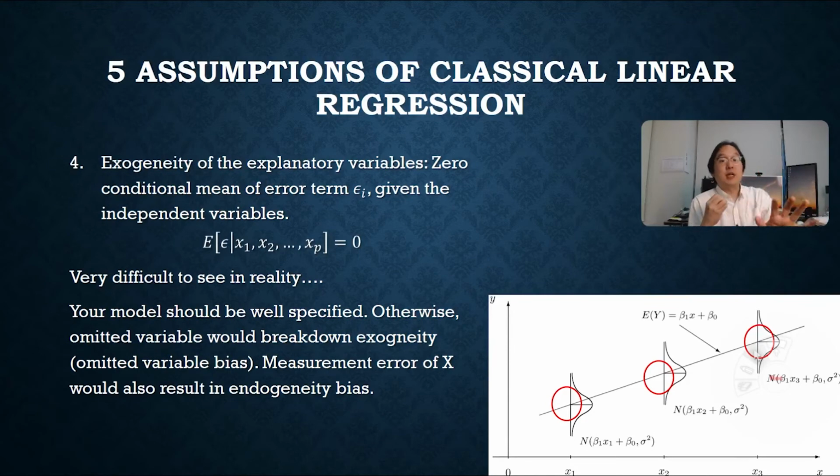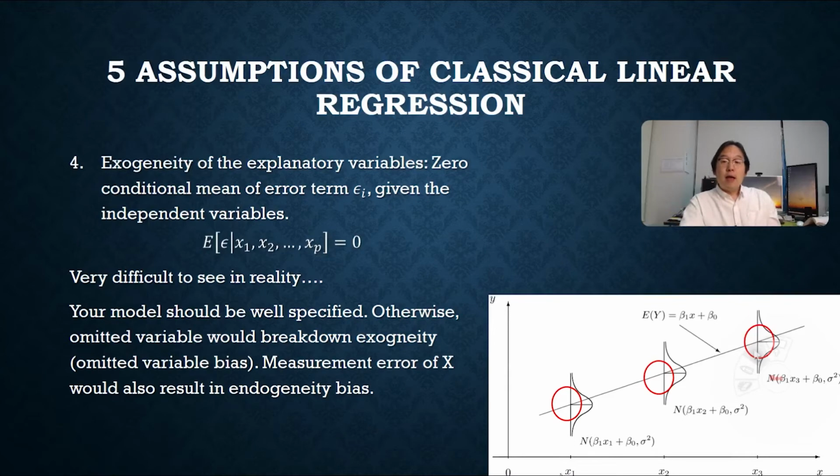Another endogeneity bias is about the things that I'm going to talk about in number 4, exogeneity of explanatory variables. Or the same thing is called zero conditional mean of error terms. Your error terms, the disturbance epsilon, its conditional mean has to be 0. Conditional mean, what do you mean?